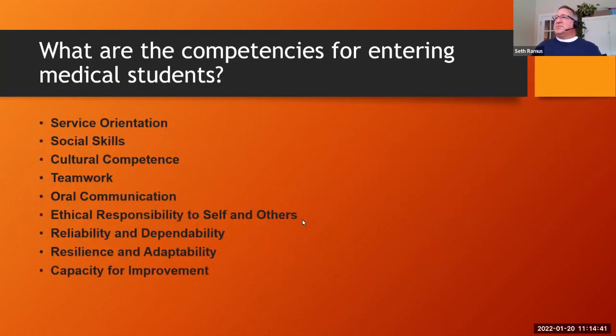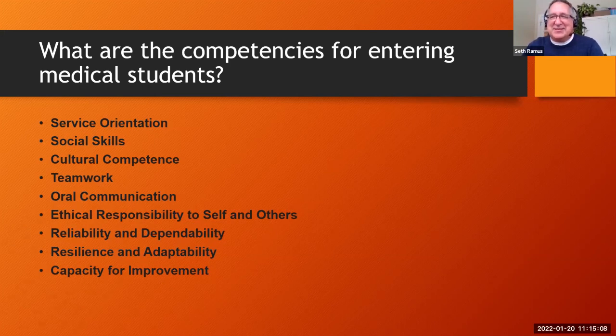There are also personal competencies. And these are the qualities that will allow you to create relationships with your patients. Again, there's no tests for these. Well, actually there are. More and more we're starting to see these personal qualities evaluated through situational judgment tests, the Casper test. Don't worry about these right now, people.